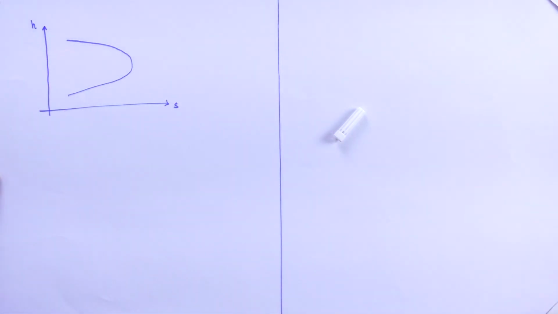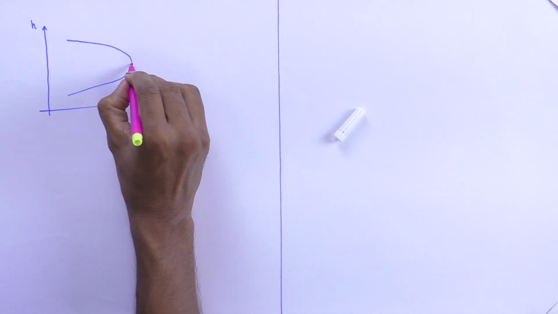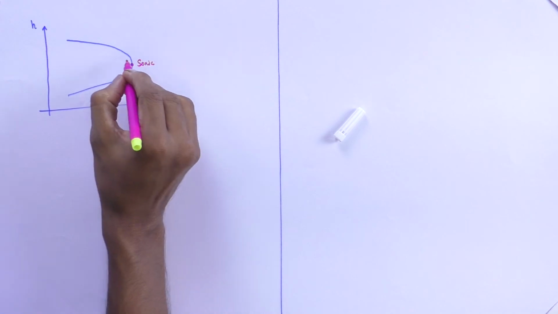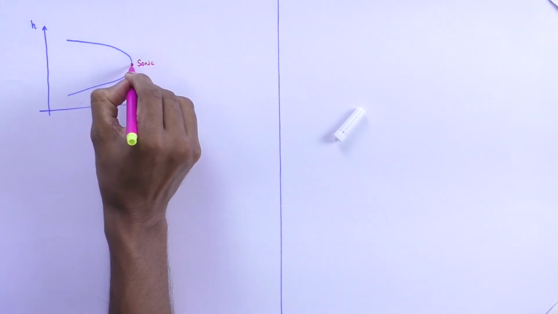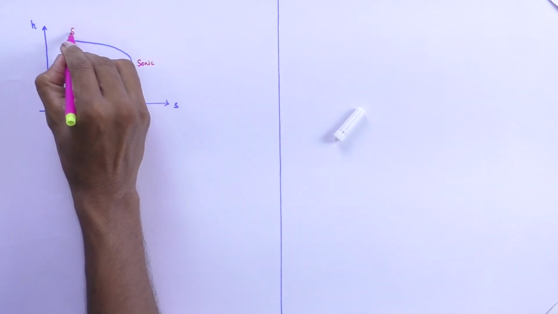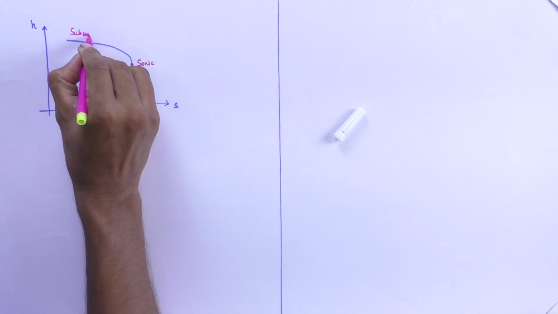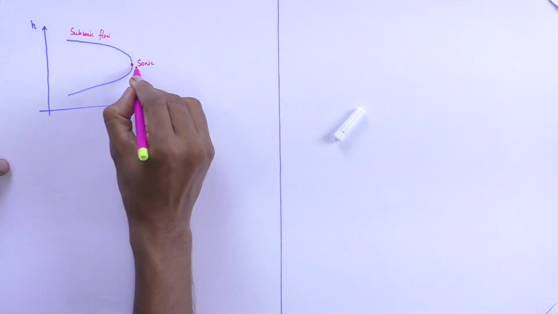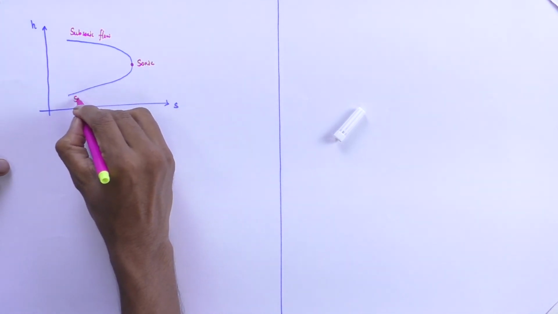In this curve, this point denotes the sonic condition, and the curve above the sonic condition denotes the subsonic flow, and the curve below the sonic condition denotes the supersonic flow.